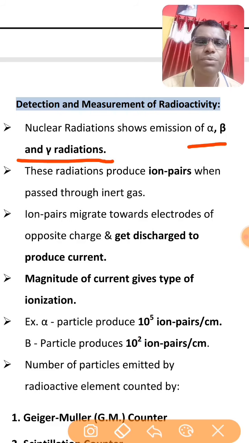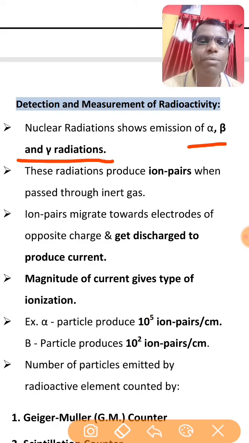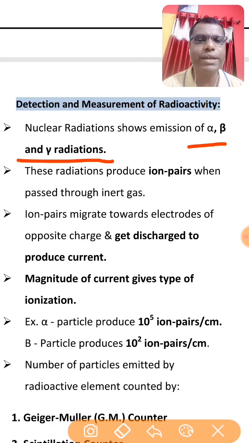How they produce the ion pairs, and how these ion pairs are helpful to find out the type of radiation, we will discuss later on. But whatever radiations are emitted by the radio element, these are able to produce ion pairs whenever they are passed through some inert gases.